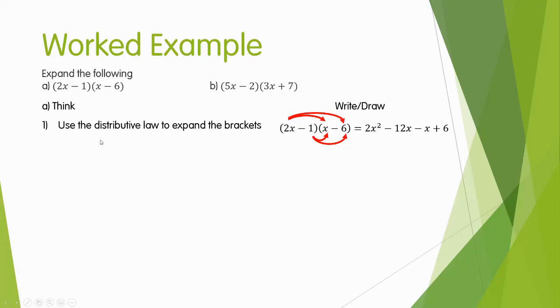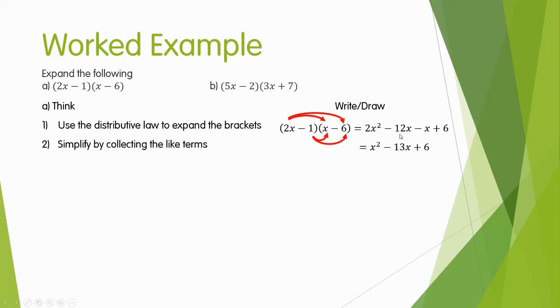So we'll use the distributive law like we have before. 2x times x is 2x squared. 2x times negative 6 becomes negative 12x. Negative 1 times x just becomes negative x. And negative 1 times negative 6 becomes positive 6, because a negative and a negative is a positive.